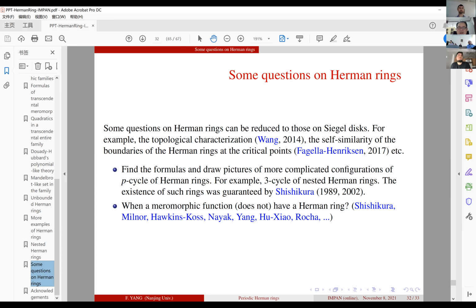For your maps you are interested in, this circle is in the Herman ring. Yes, I should mention what the circle is. Good comment.